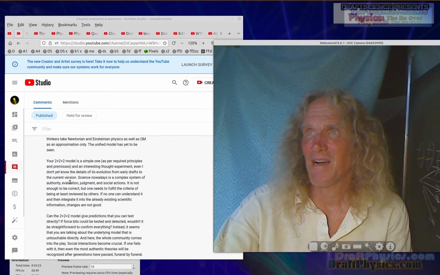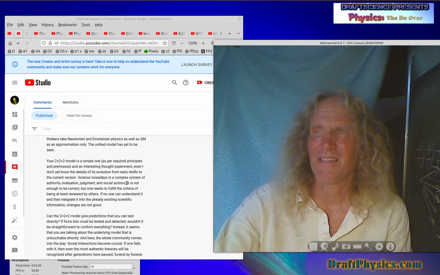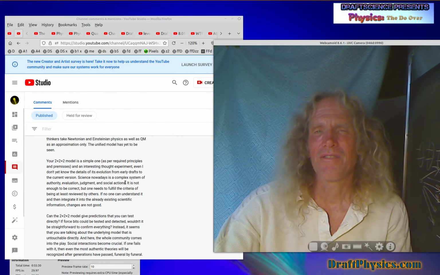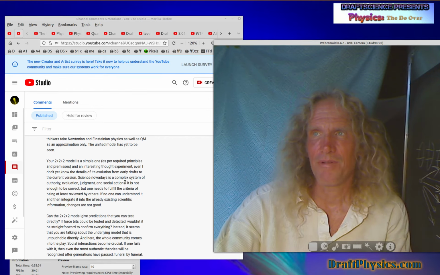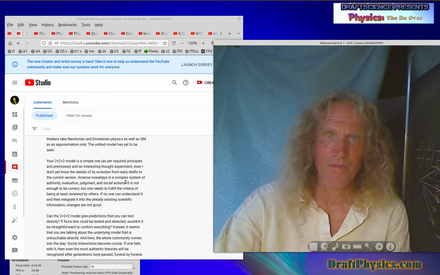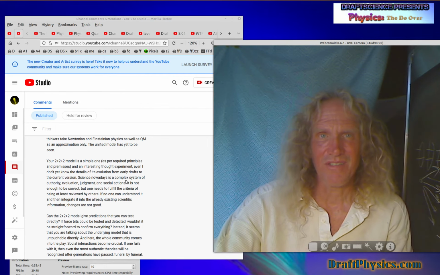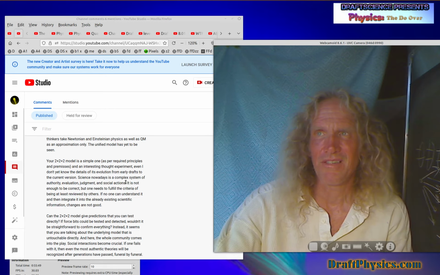Science nowadays is a complex system of authority, evaluation, judgment, and social actions. Well, whatever. It's a group of people, and they're supposed to be well-educated people, and they're supposed to have, again, a great reverence for the truth and the process that acquires the proof. And they're just as bad as the Inquisition was in terms of imposing social justice.